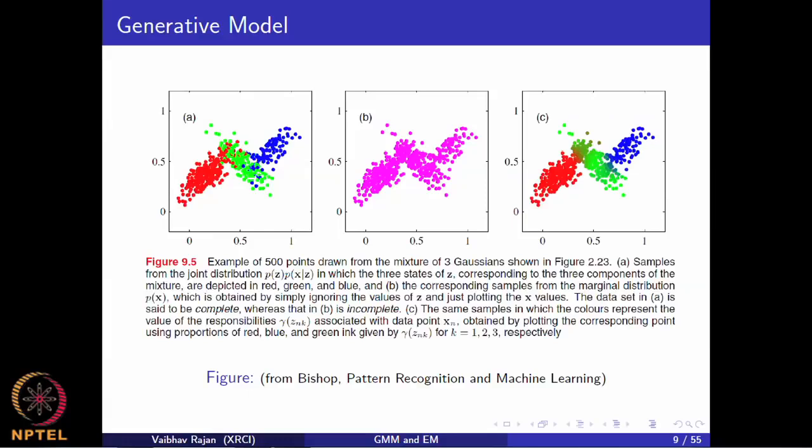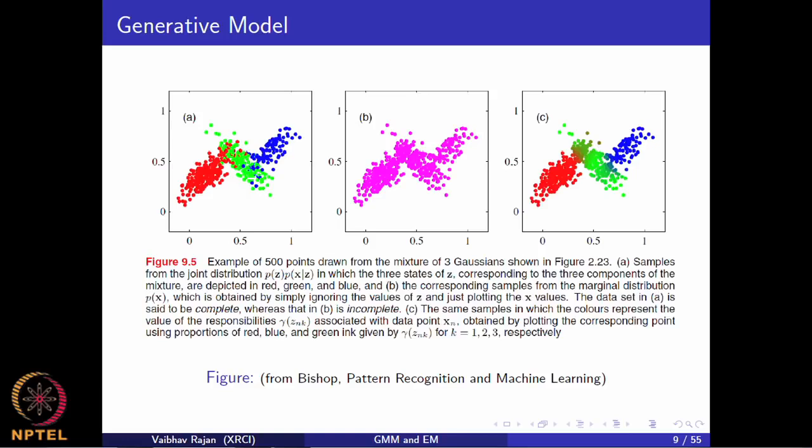Right. So let us see another very interesting picture. When you are generating the data, here this is again from the same book, he is generating 3 different Gaussians, the red, green and blue Gaussians, and of course you do not know how the data was generated. So when you see the data, you see something like this, okay. And then you try to fit a mixture model with 3 Gaussians, a 3 component mixture, and what he has done is he has colored the responsibilities, right.